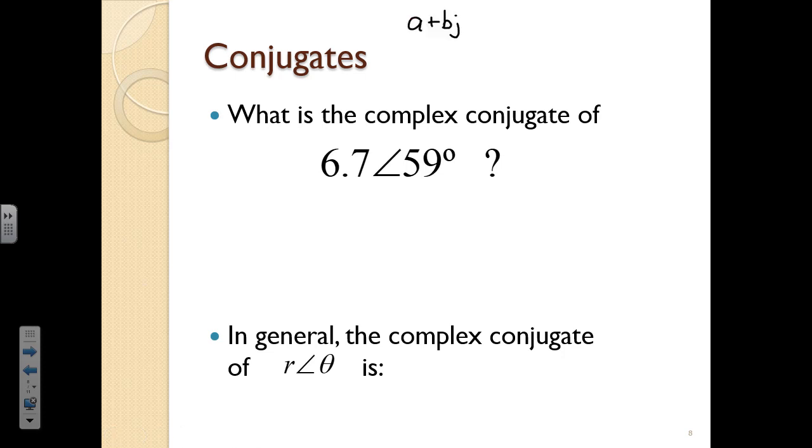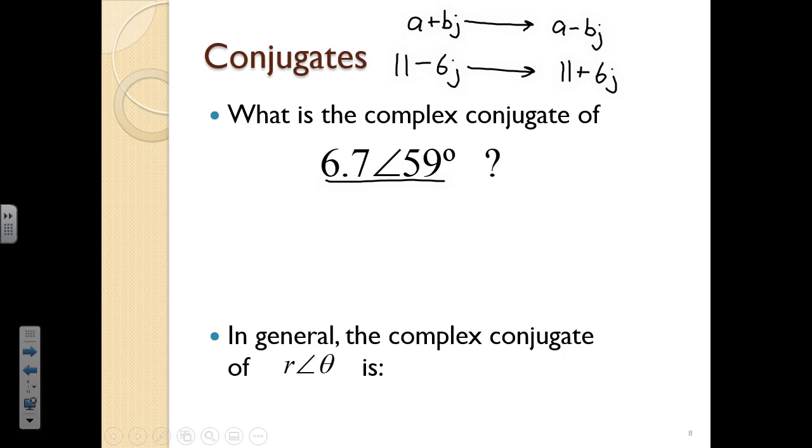Remember, if we have a complex number A plus B times I or J, then the complex conjugate is A minus B times J. So for example, if we had the complex number 11 minus 6j, then the complex conjugate has to be 11 plus 6j. Conjugates are useful for doing complex number division, among other things. So the question is, what is the complex conjugate of 6.7 at 59 degrees?